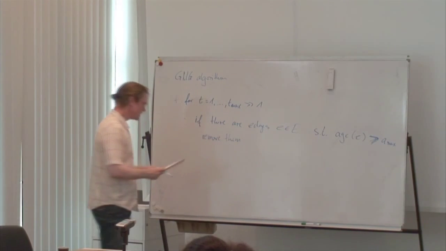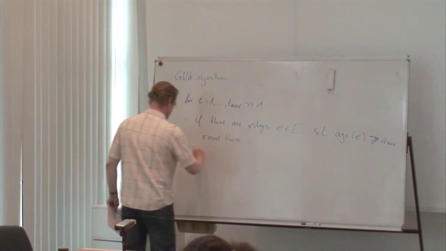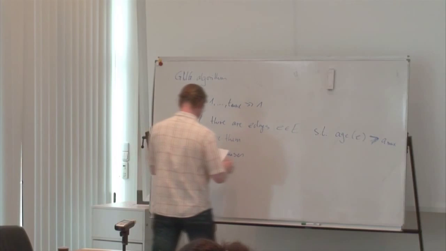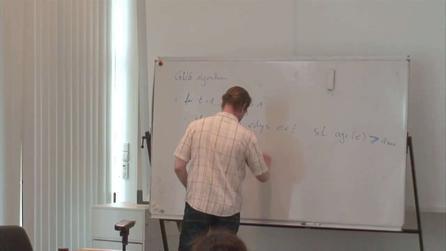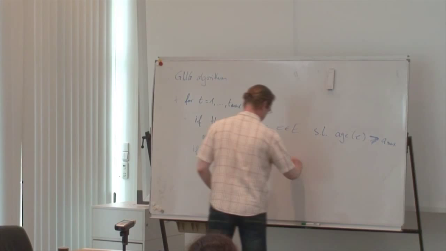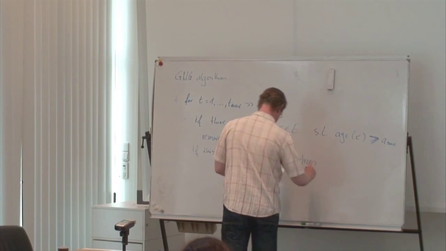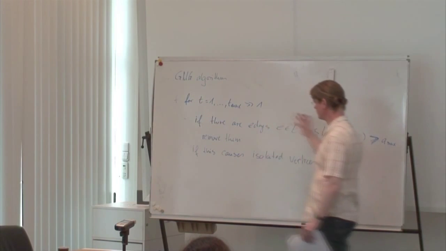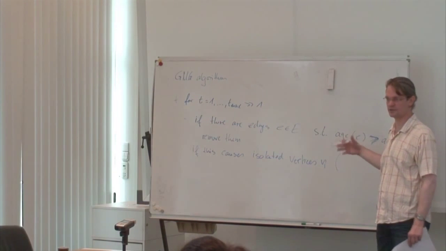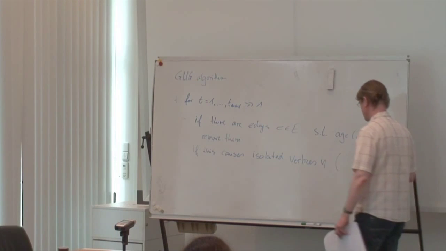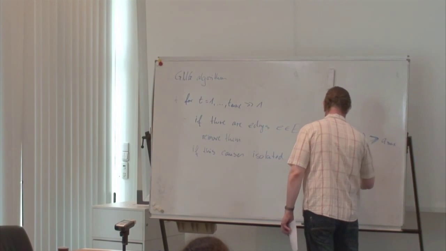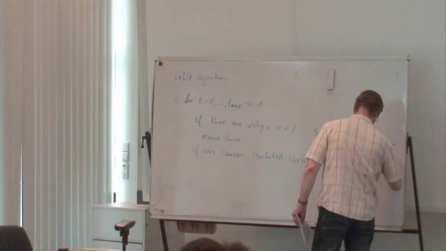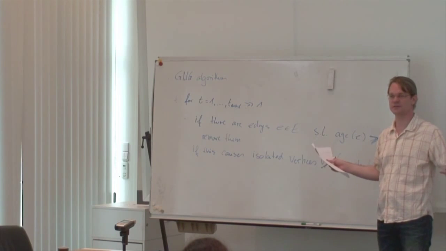If this causes isolated vertices, vi, that is, after we have removed all the edges that have an age larger than a max, and if after this removal there is a vertex vi that is isolated, that is, it does not have any edges incident.